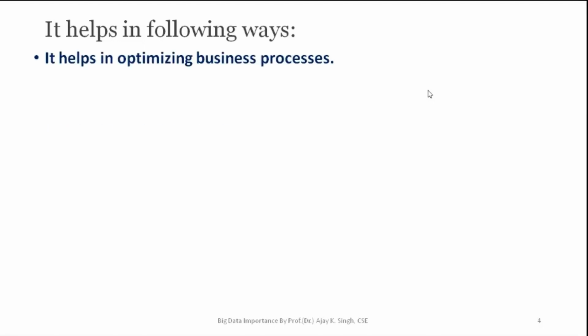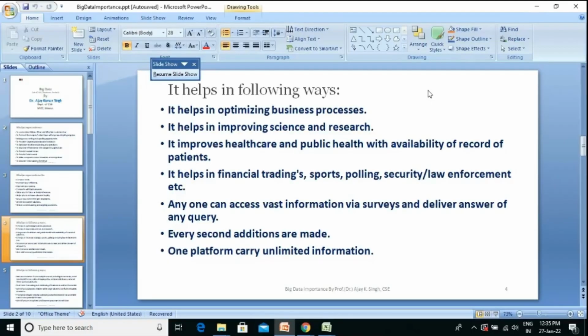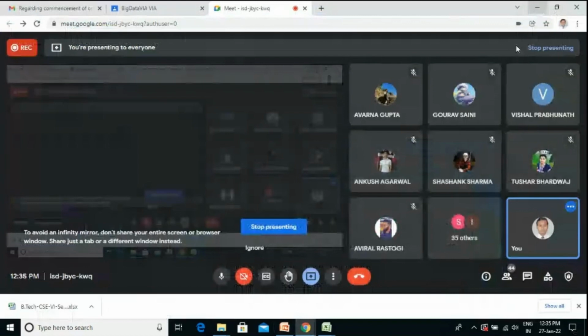So what is the time? We are supposed to stick to time also. 12:35, so an ample amount of time is there. After 5 minutes, I am going to take the attendance. How many students are there now? 35 students. Only 35 students out of 63, I think.